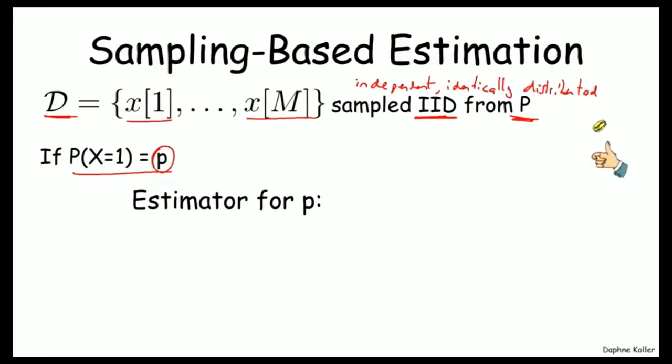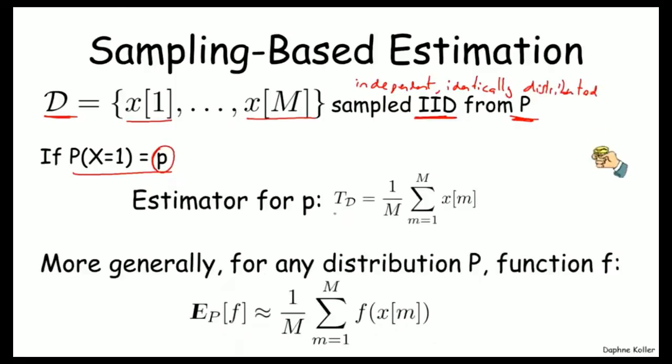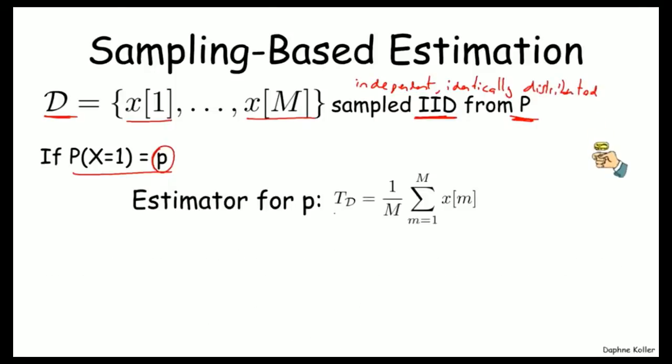Well, this is a fairly intuitive answer here. This estimator, which we're going to call T sub D, is simply obtained by looking at all of the samples that we got and counting the fraction of ones. And if you think about it, that's a perfectly reasonable approximation, right?